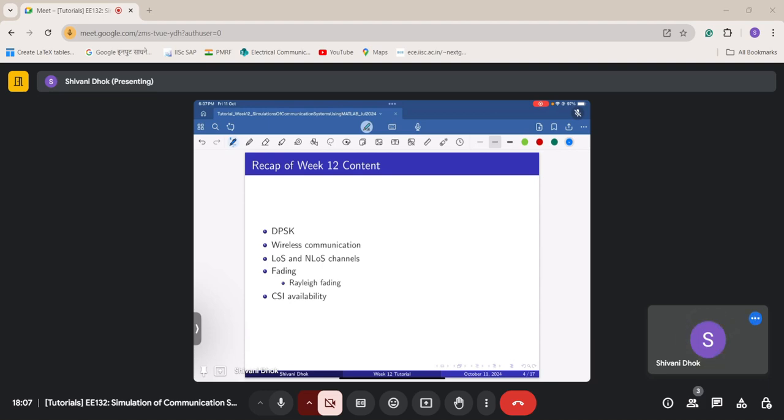And in this wireless communication we saw that the receiver sees multiple attenuated and delayed copies of the transmitted signal.